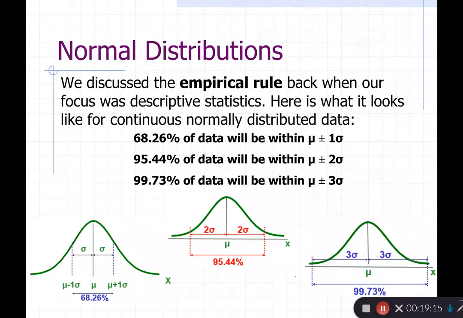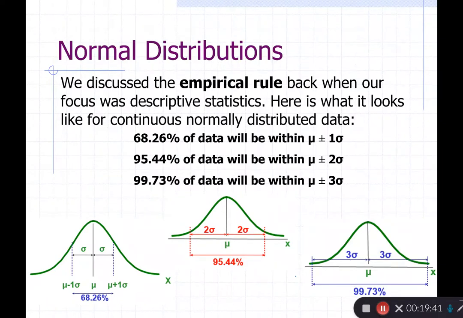Okay, we saw the empirical rule a few topics ago, and that says if your data is normally distributed. We saw this when we covered probability before discrete probability distributions, because the empirical rule is not specific to continuous data.